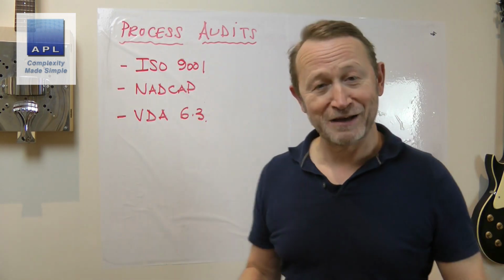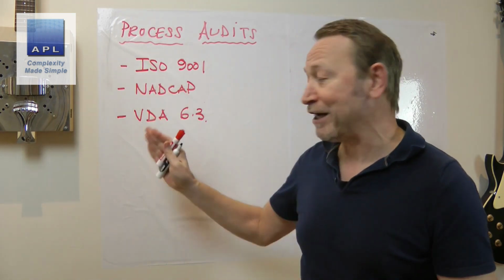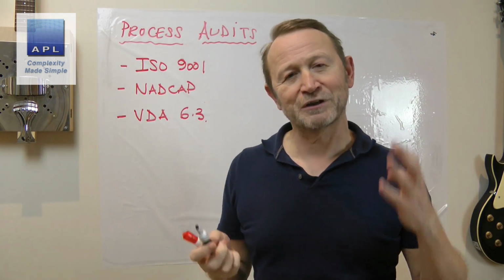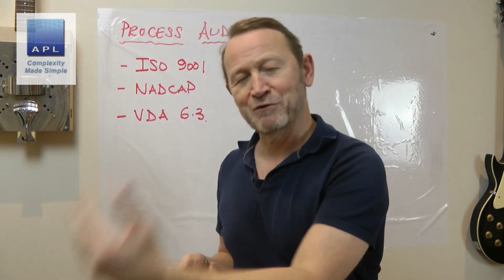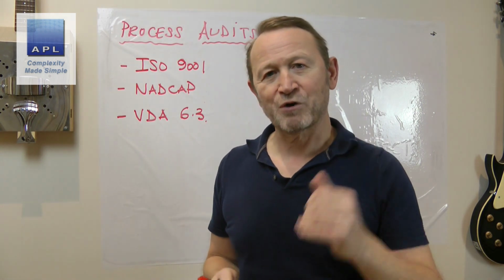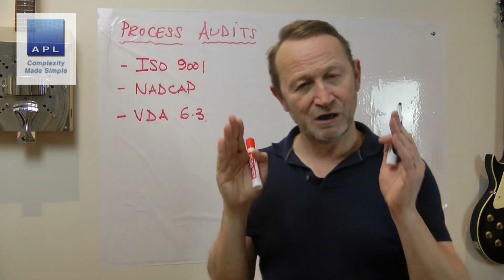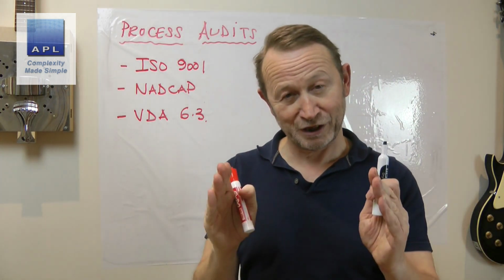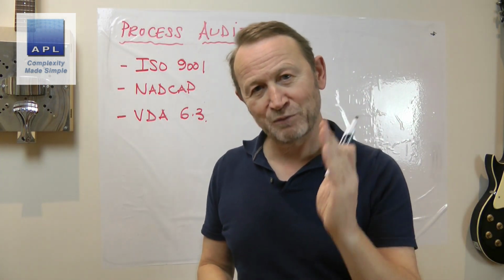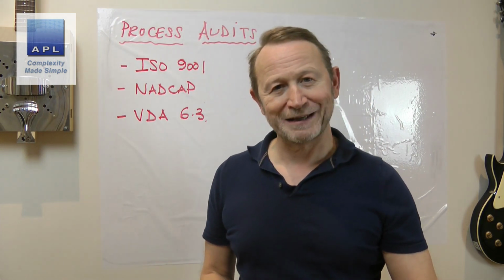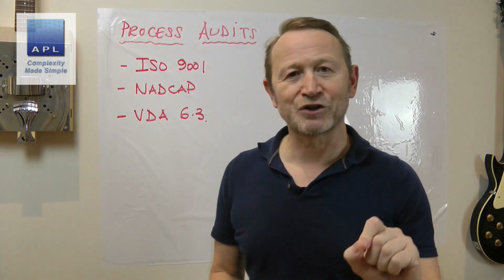Because they're massive, even if you are accredited in these things, you can have processes that are absolutely awful, but they will pass the audit. So I want to show you how to do a world-class process audit, how to get your process as defect-free as we can possibly get it, how to really get it under control.